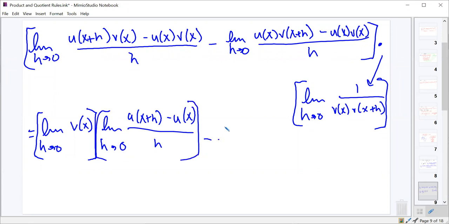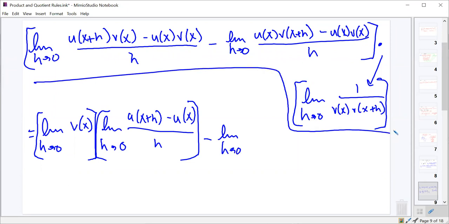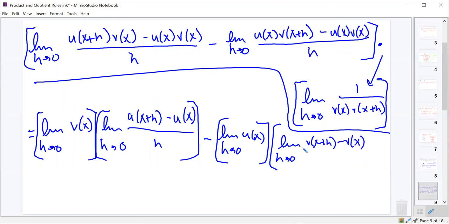And then minus, what are we going to factor out of this second one? u of x. And that's going to leave us with the other one as the limit as h approaches 0 of v of x plus h minus v of x all over h.